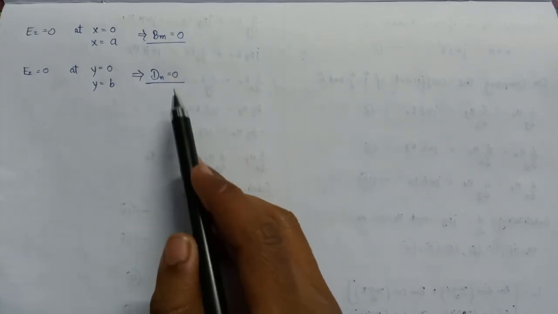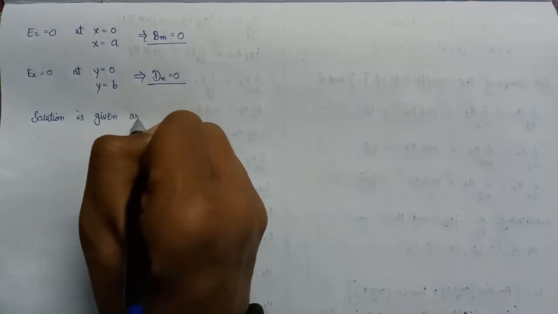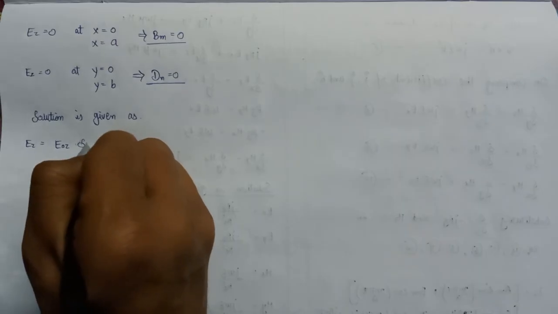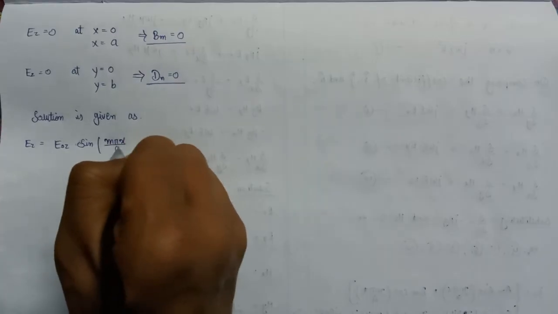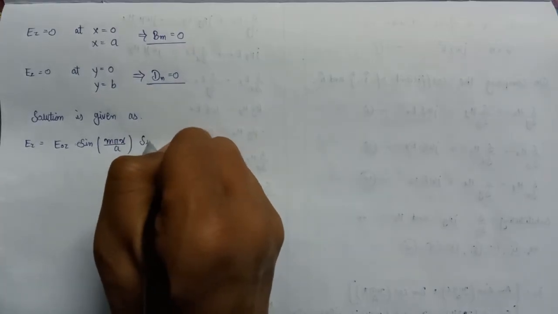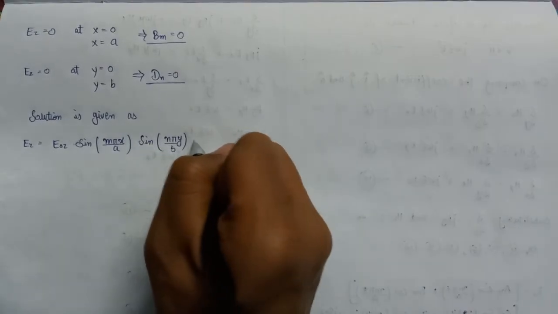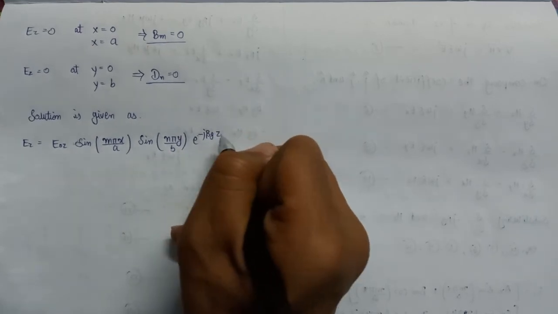So on the basis of these two components, we can give the solution for the equation as E of z equals E of 0z sine m pi x over a, sine n pi y over b, into e to the power minus j beta g z.